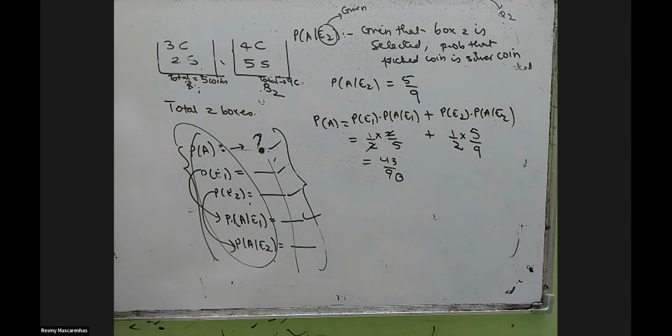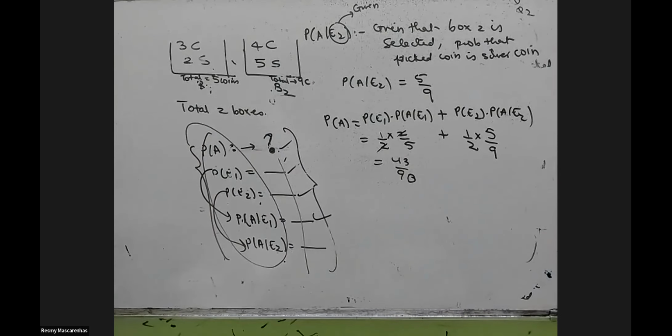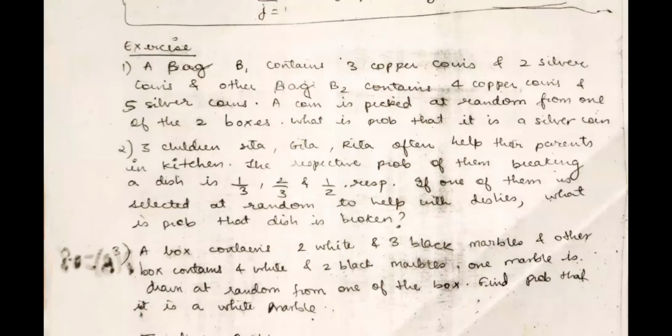Now solve the second problem similar to this. The second question is: 3 children, Rita, Geeta and Sita, often help their parents in the kitchen.